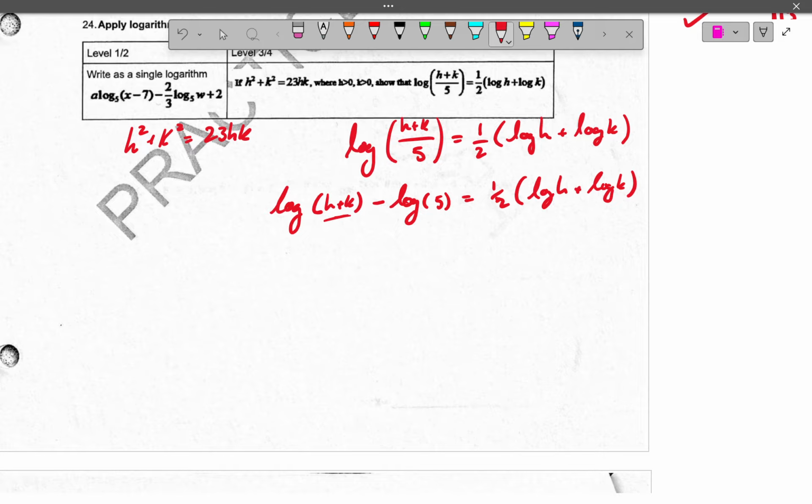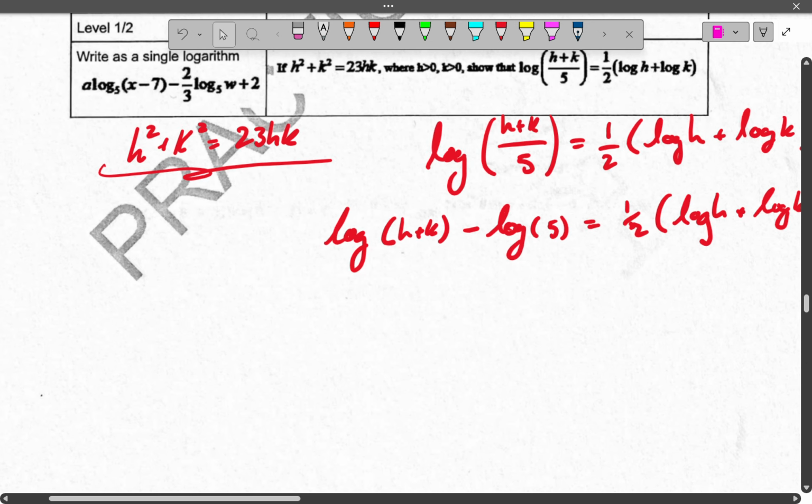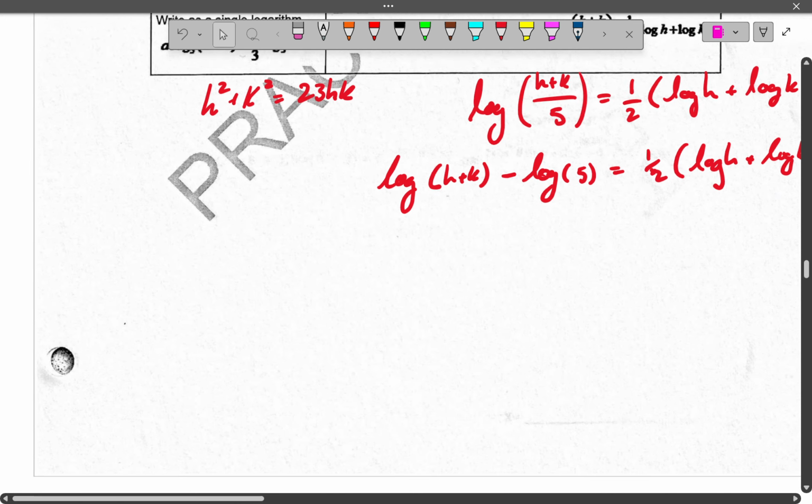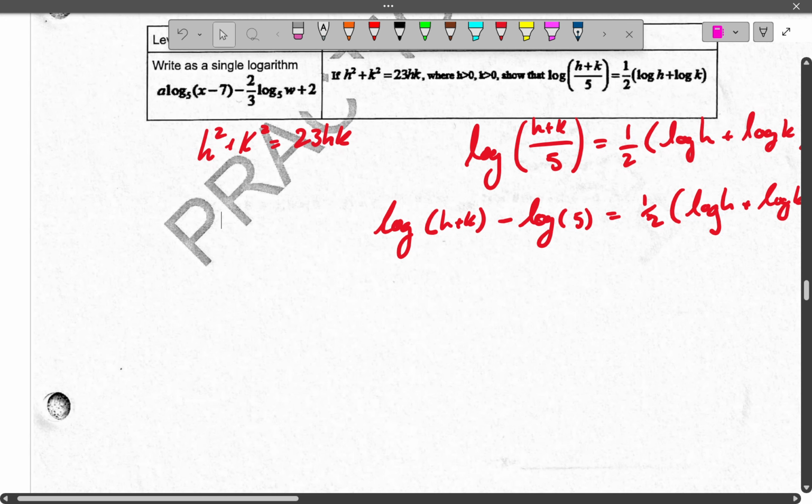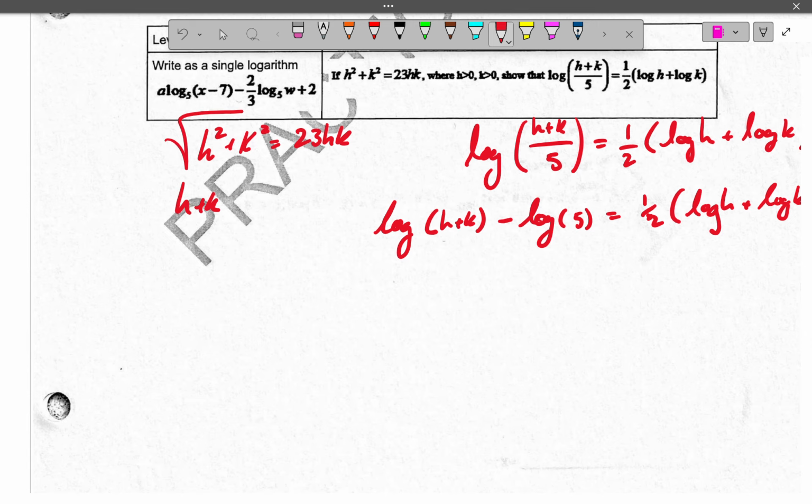We now have an h plus k here, but I don't really know how to move on from here because it doesn't give us any information on h plus k. But we can try to figure that out from here, because they also give us that h squared plus k squared is 23hk. One thing that would be incorrect to do is to say, well, if I want h plus k, I could just take the square root of all of this.